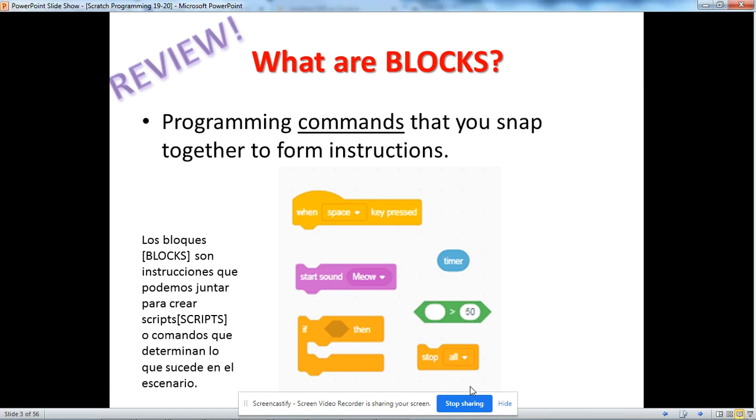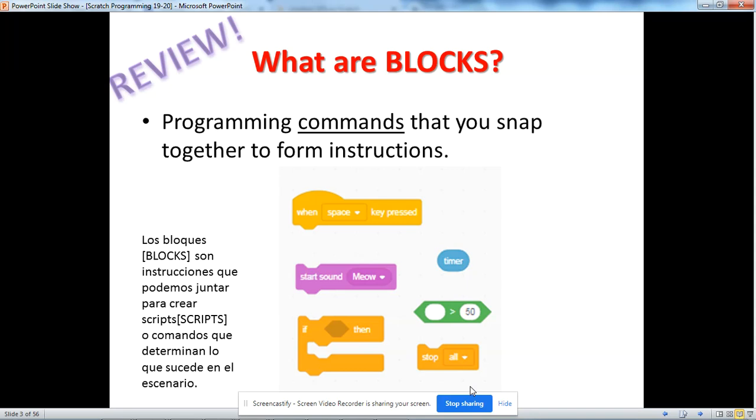I want to start off by quickly reviewing with you some stuff that we talked about a couple weeks ago when we discussed vocabulary. In Scratch vocabulary, one of the terms that we talked about was the word blocks, all right? And blocks in Scratch are programming commands that you can snap together to form instructions, right? So when we're talking about programming in Scratch, we're telling sprites what to do.